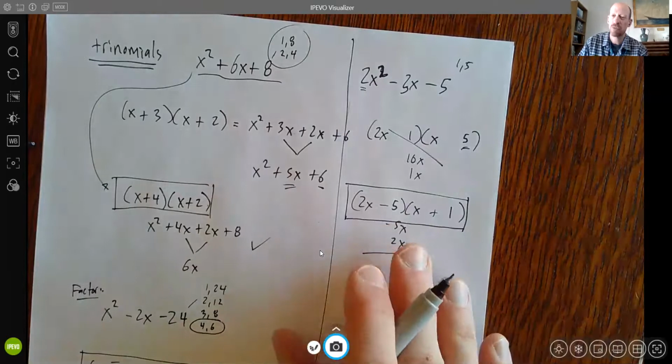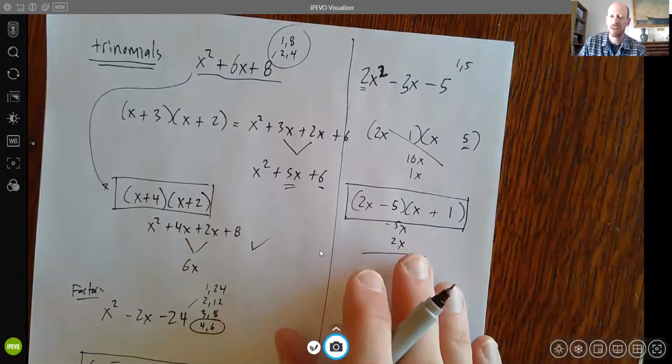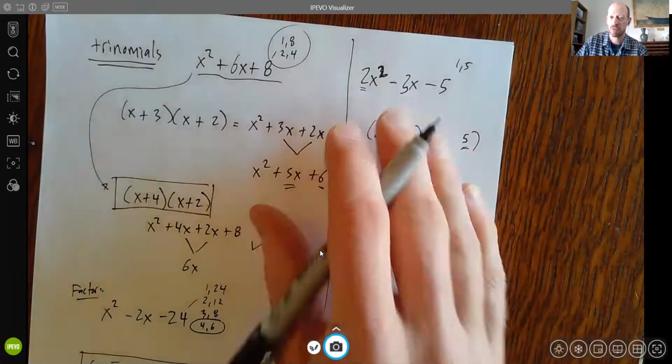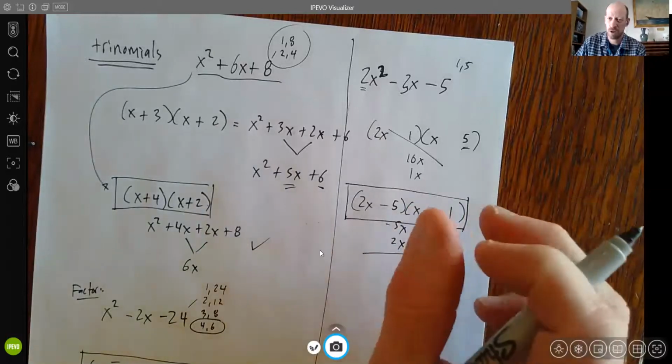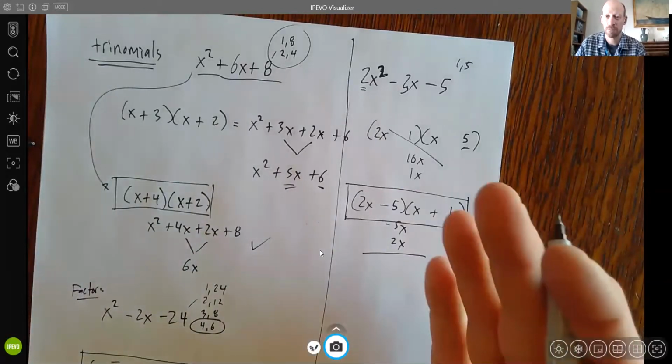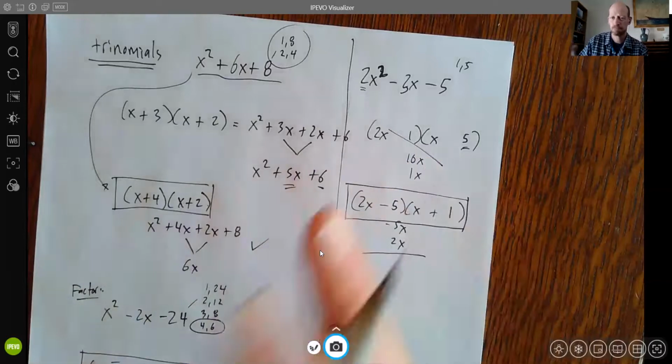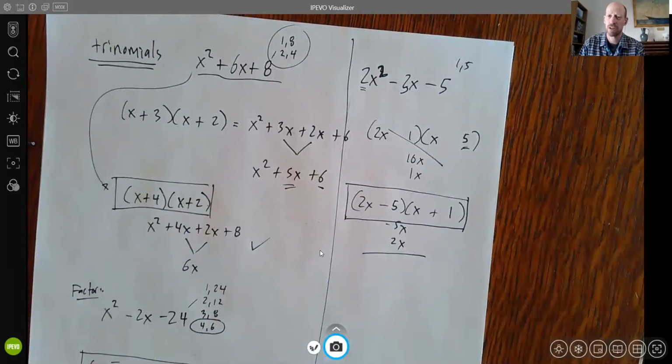So notice here I'm using even more of a trial and error method to get my result. I wasn't quite sure how it all fit together, so I tried something, it didn't work, I switched things around and tried something different. That's a little different for us. That's not how we normally do math. It's trial and error. Normally, every step is moving us closer to the answer.